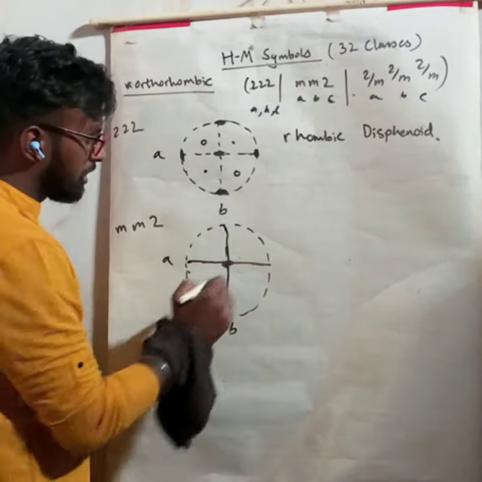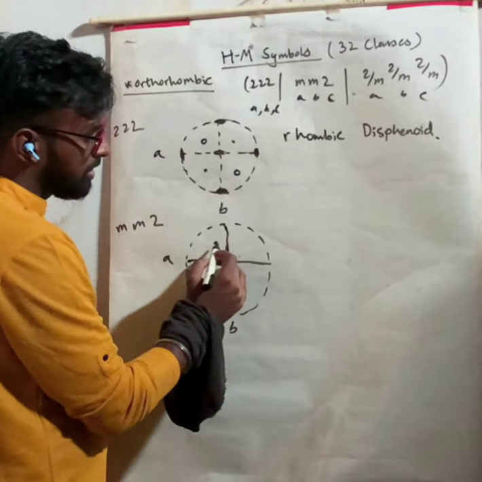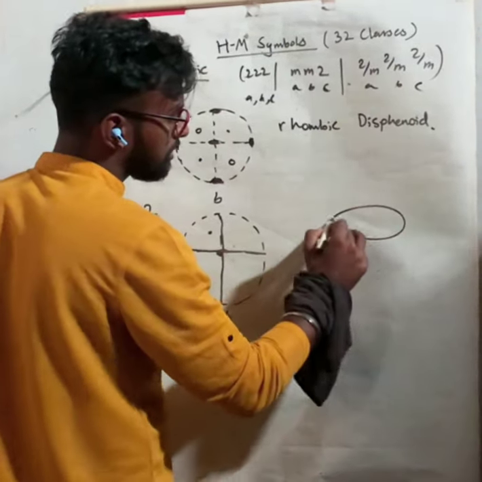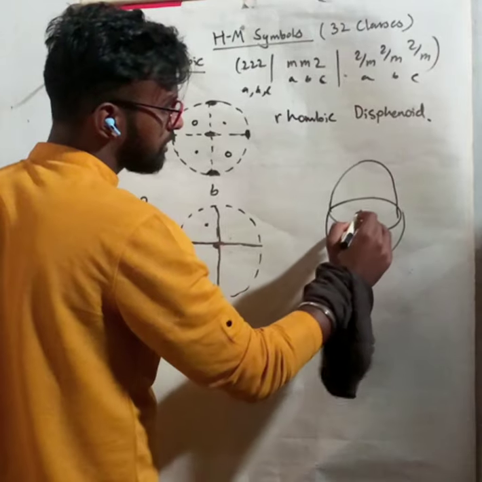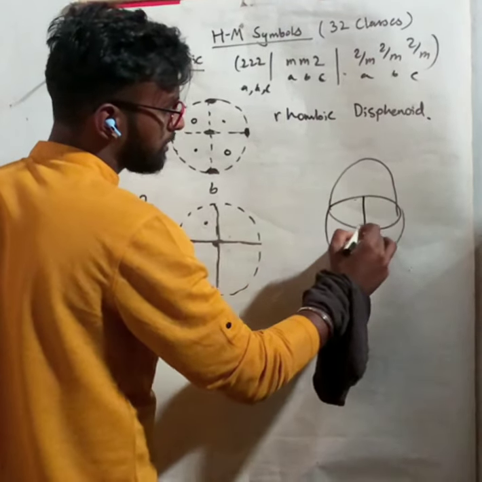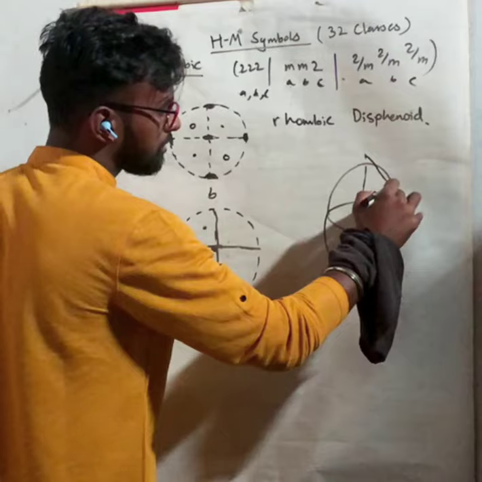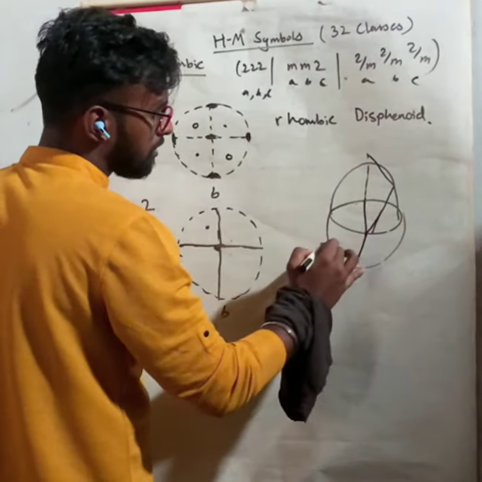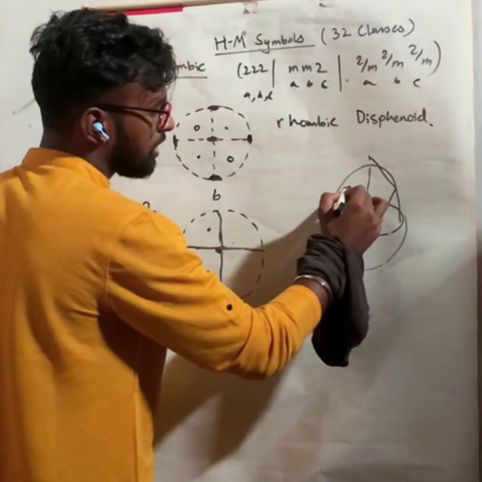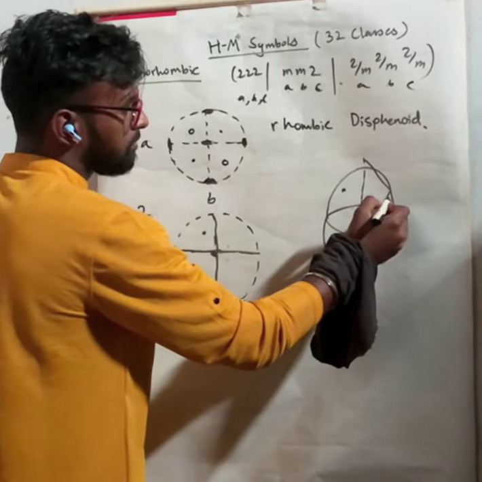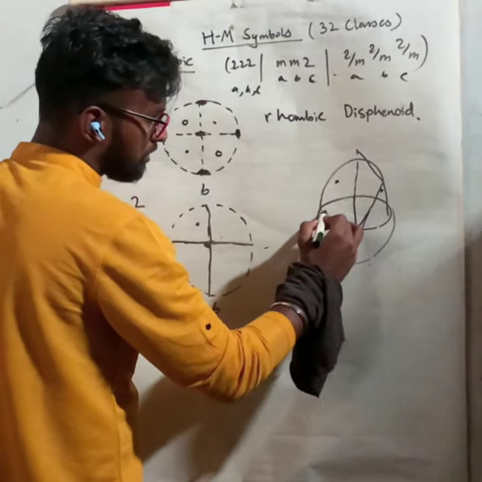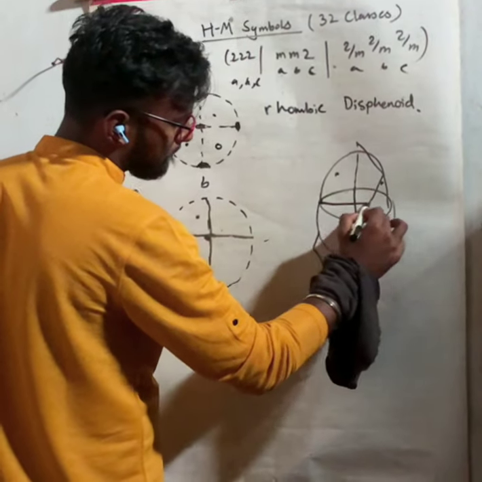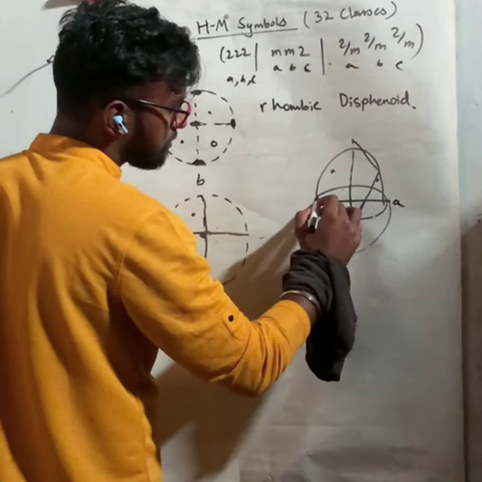Now if you take an element here, it will have the mirror plane operation about this B. Like we saw here, this is a sphere and this is B. This will be a mirror plane. So here it will have its mirror projection in this part, and A is also a mirror plane.